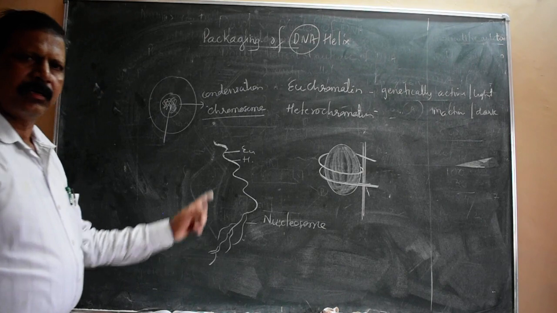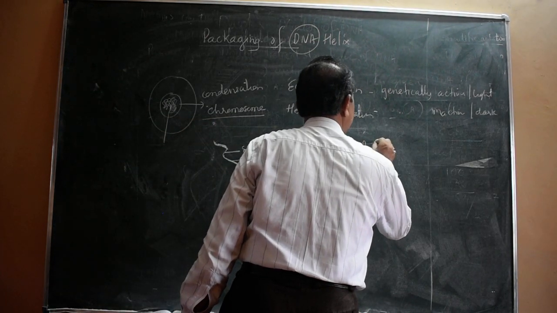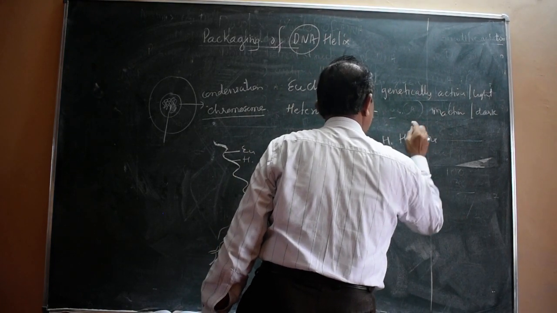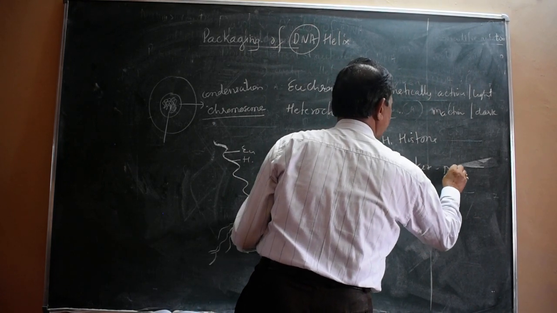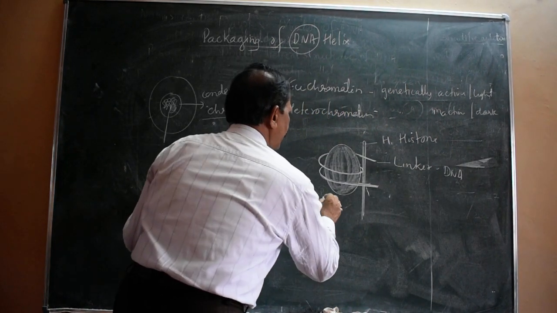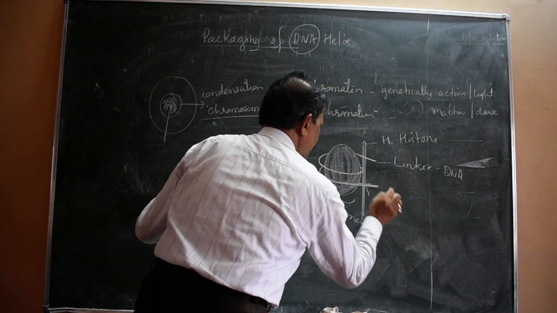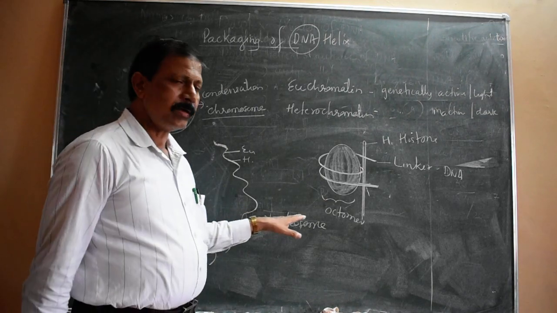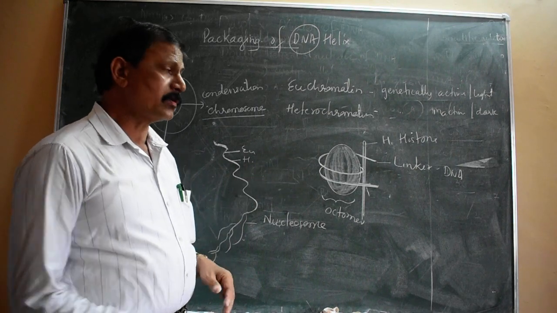See, this is the packaging of DNA molecule, and here this one is H1 histone, and this is linker DNA. And this is octamer. What is this octamer? The octamer contains four different types of histone, but 8 molecules are present.